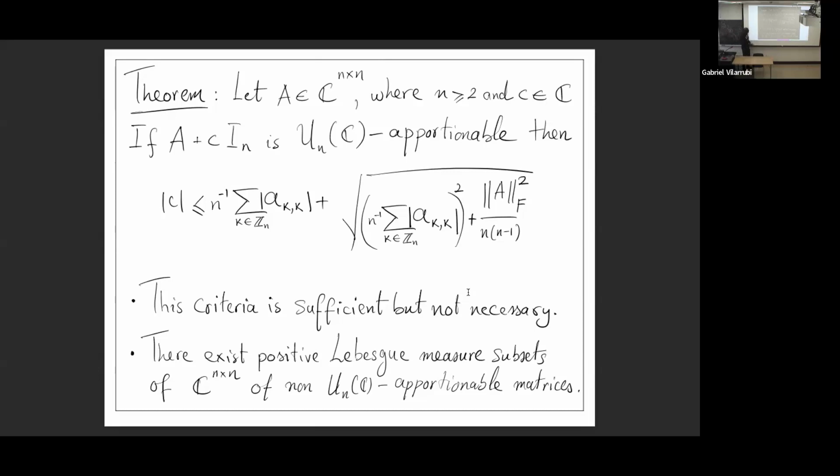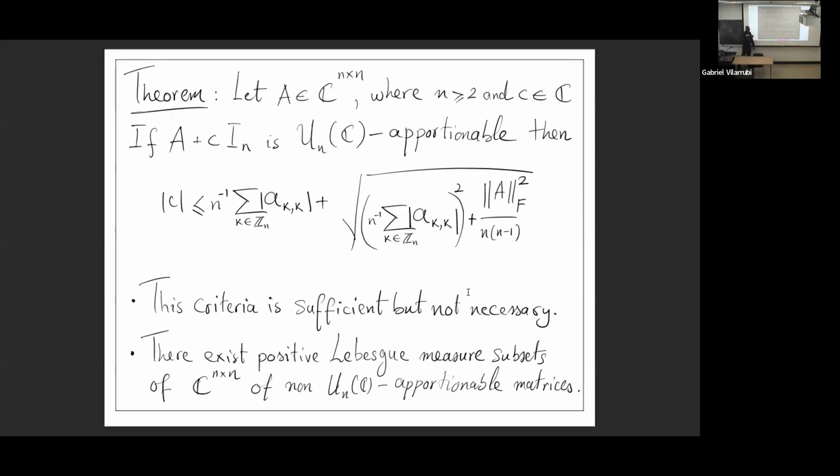The point here, to prove that matrices are not apportionable, the simplest family we can come up with is to look at what happens when you shift a matrix by the identity matrix. And then it's a follow-your-nose kind of proof. If you shift by a constant times the identity, if the constant is large enough, you can't be apportionable, and we write the constraint on the constant like this.